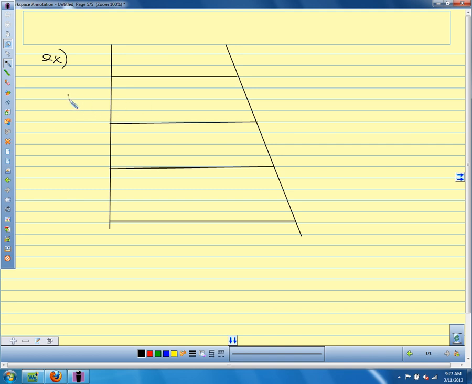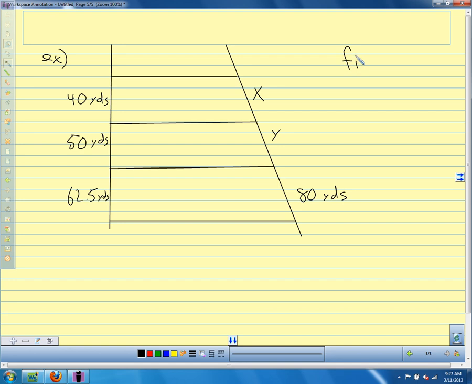Maybe, since I'm going to put these in yards, this would be a field or something. And we want to find x and y. And we're going to say that all four of these are parallel. The arrows tell us they're parallel.